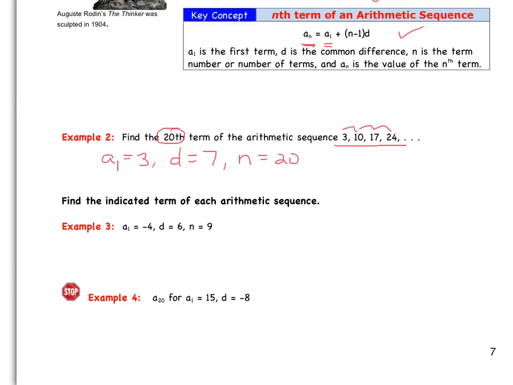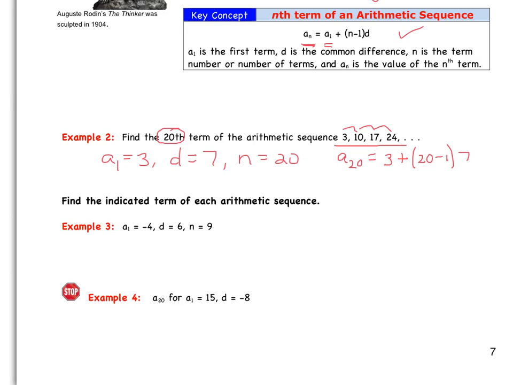So now, if I want to find the value of the 20th term, a sub n, that's equal to the first term plus 20 minus 1 times our common difference of 7.